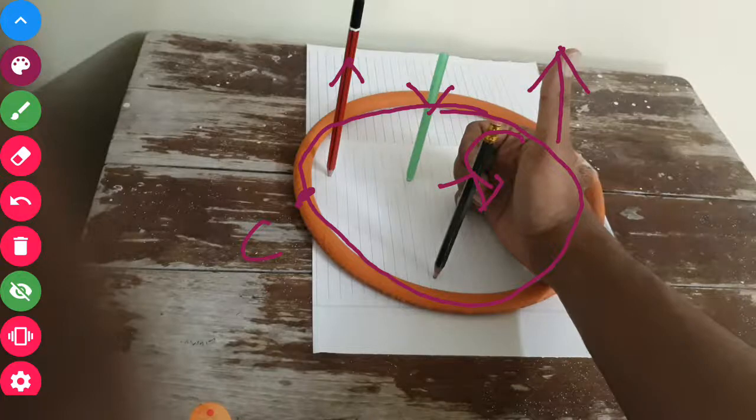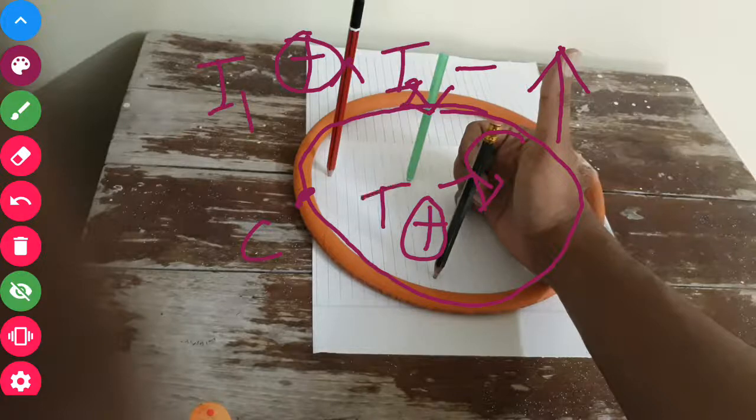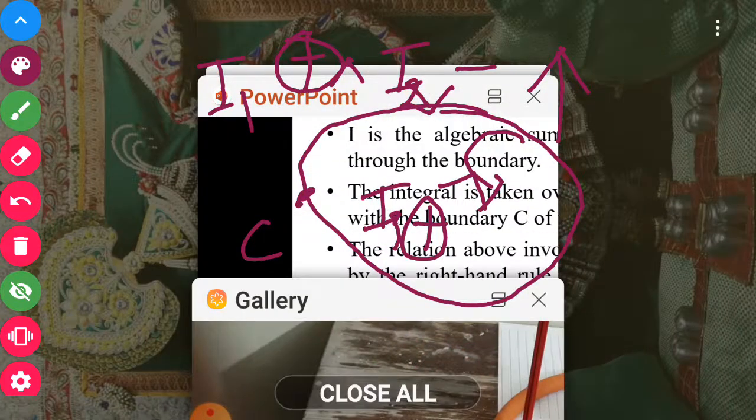The currents in the direction of the thumb are taken positive. So this is positive, this is positive, this is negative. So two currents are positive. If you take these as I1, I2 and I3, then it can be written as I1 minus I2 plus I3, that is the algebraic sum of electric current.